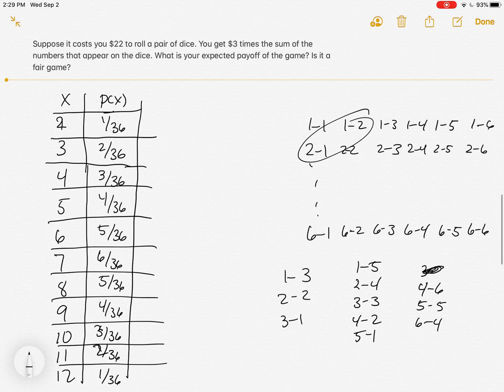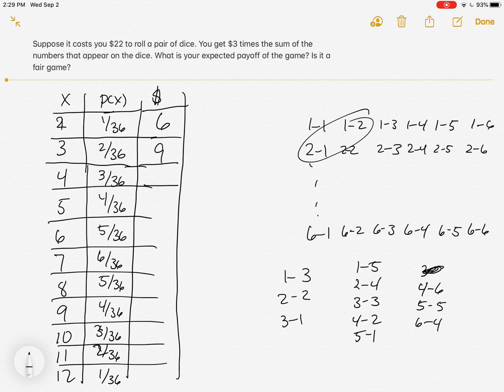Now, what do we want to find? We want to find the expected payoff. Well, I don't have any money yet. So let's remember how we're going to get paid off. You get 3 times the sum of the numbers. So the money that you get, that's what we're going to find the expected value of. You'll get 3 times the sum of the numbers that appear on the dice. So there's a 6 here, a 9 here.